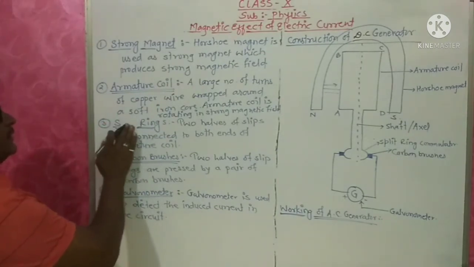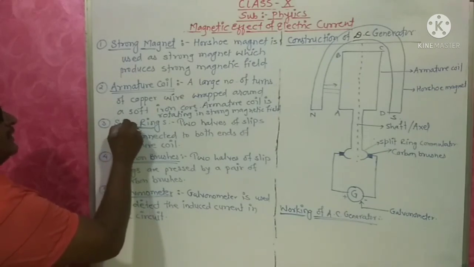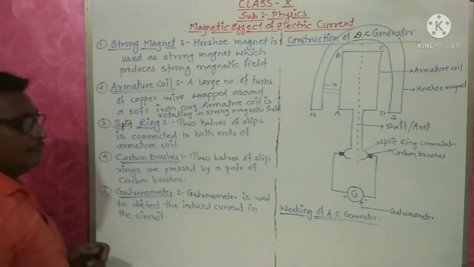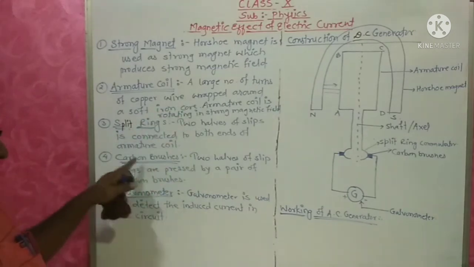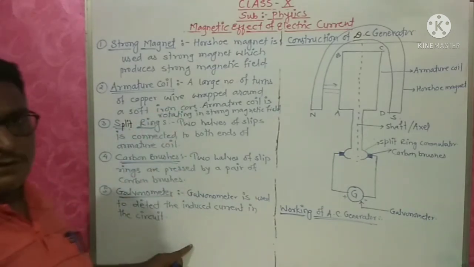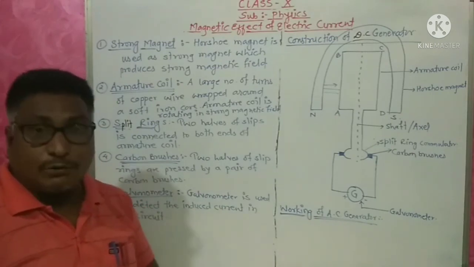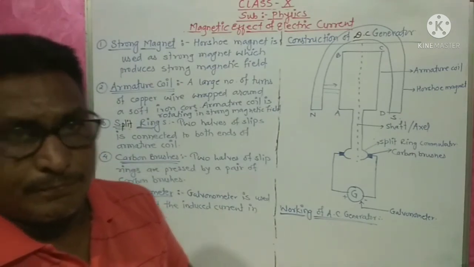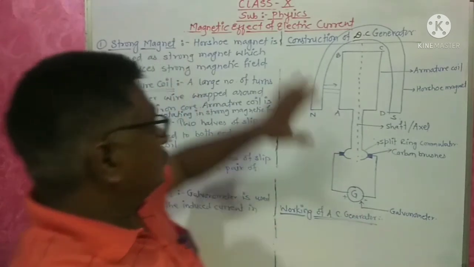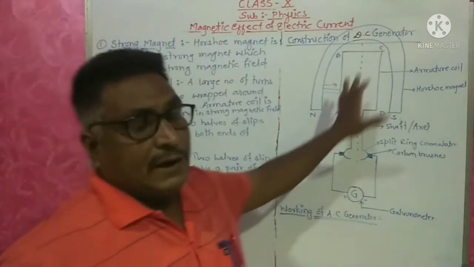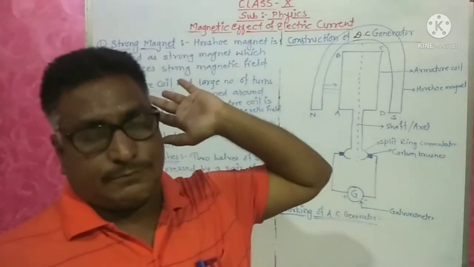Split ring commutator. Carbon brushes, galvanometer. Same. And the working is also nearly the same. Understood? So this is the construction of DC generator.